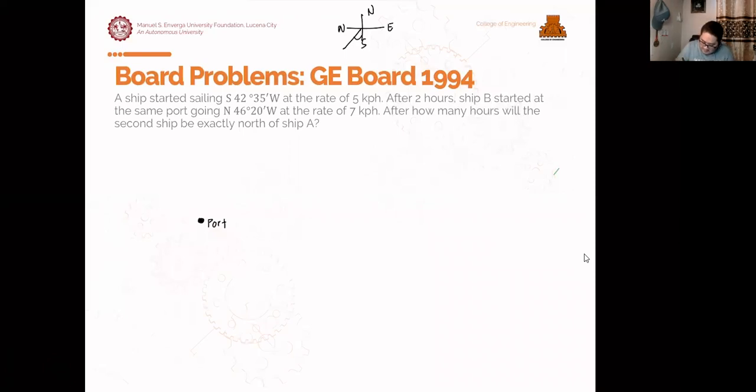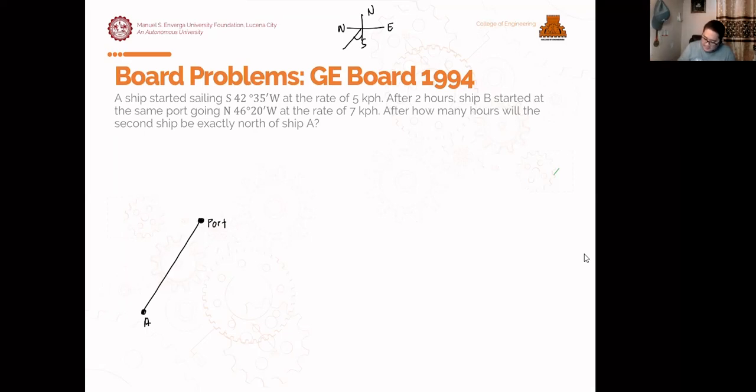So, ibig sabihin, mula dito sa port natin, magta-travel tayo ng ganyan. So, ito yung Cartesian natin, ha? Okay? So, let's say ito yung position ni A. Kasi after 2 hours, si ship B, aalis pa lang dun sa port. So, ibig sabihin, after 2 hours, ito yung location niya nung unang ship natin.